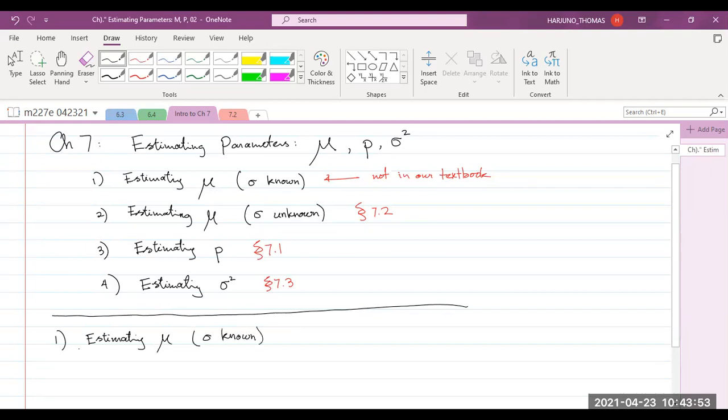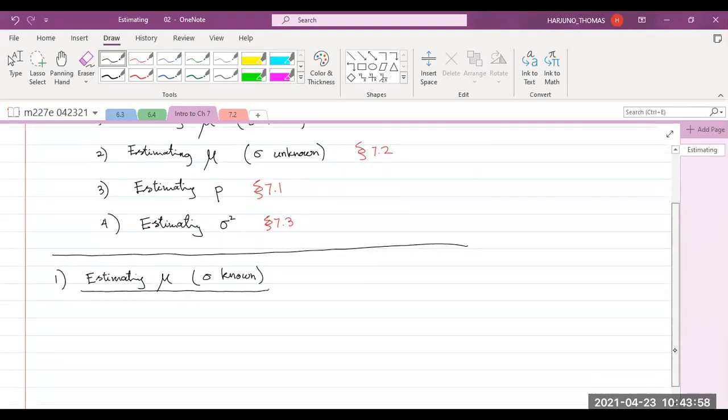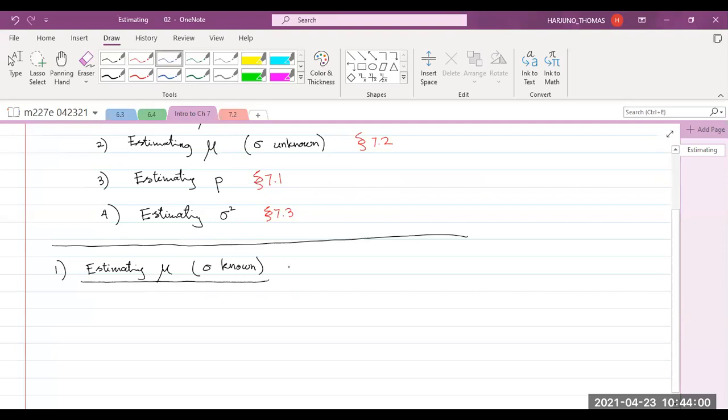Let me repeat some key components of this. What we are going to do is basically construct a confidence interval for the population mean. It will be done in the following steps.